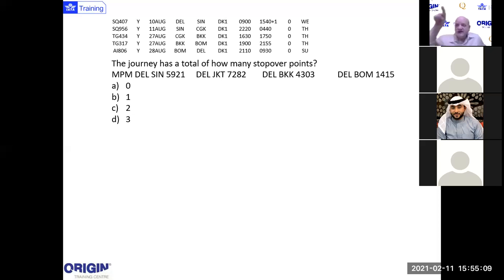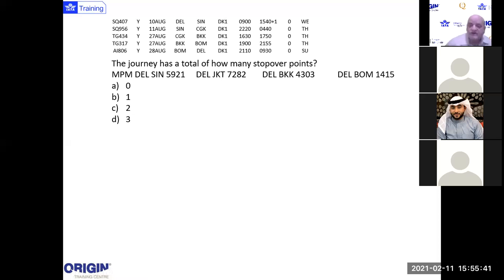Because they're all in that sort of area. But if I told you the miles, Delhi to Singapore is 5921, Jakarta is 7282, and Bangkok is 4303, which place is furthest away from Delhi? Jakarta.